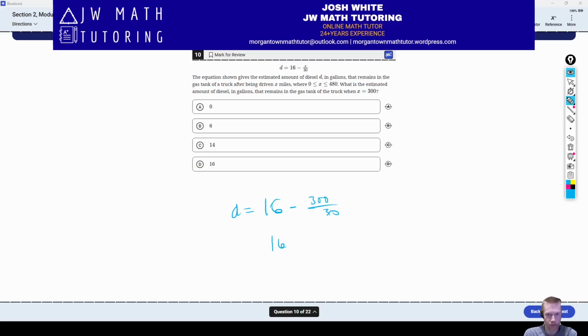So you can just simplify this, 300 over 30, that means the zeros cross out, and then 30 divided by 3 is just 10. 16 minus 10. Correct answer for this one is just letter B, 6. And that's it. And of course, you could do this calculation in Desmos. You could just go to Desmos and just type in 16 minus 300 divided by 30 and get the same answer.